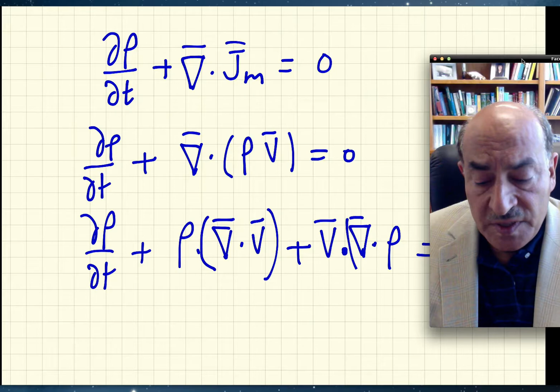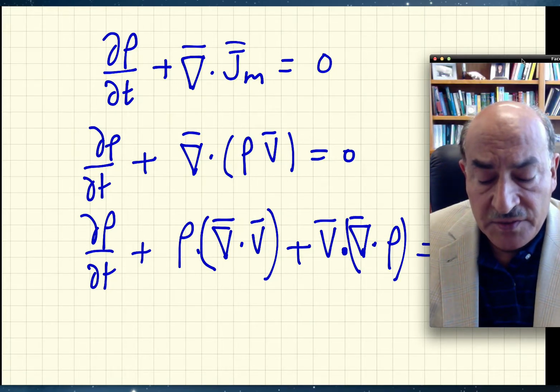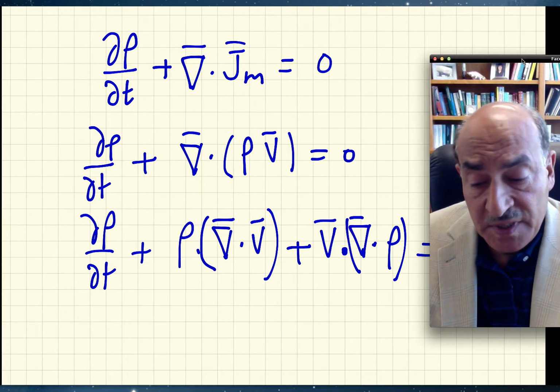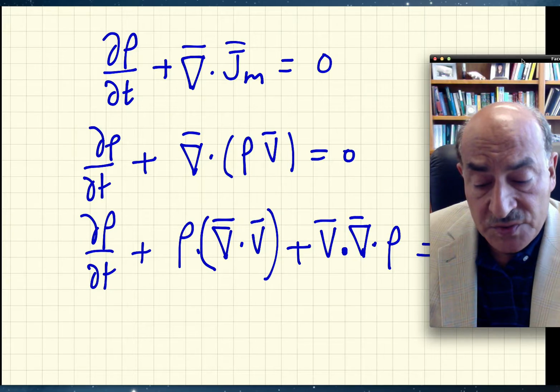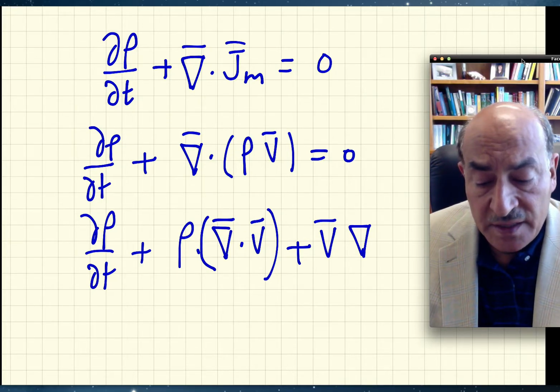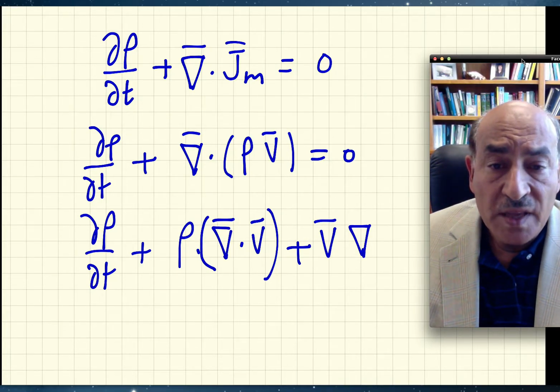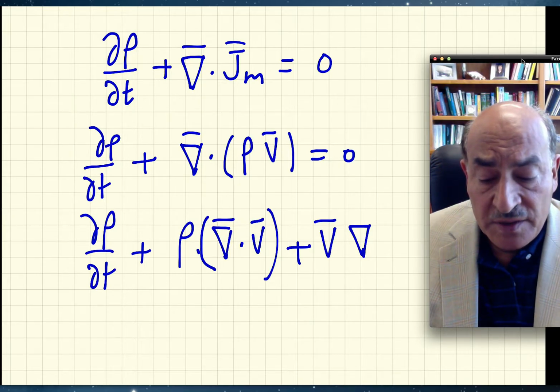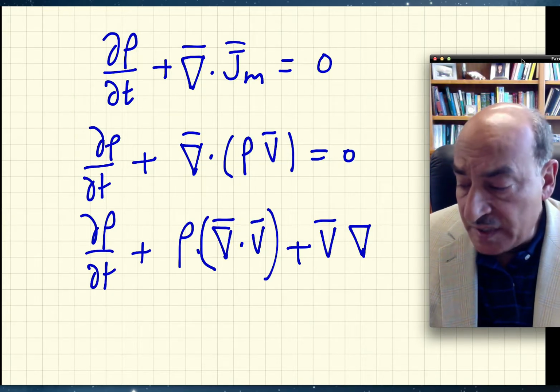This will be two vectors. The divergence of the density is a scalar. So let me take that back. Here I write it correctly: v times the gradient of the density.